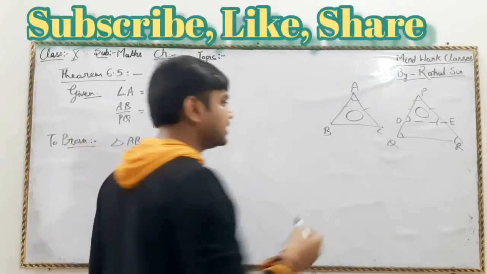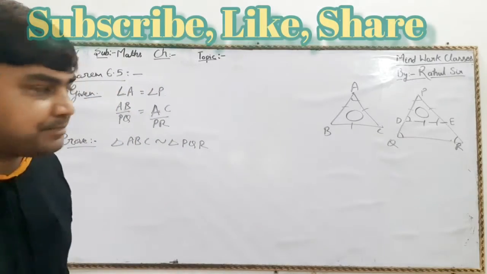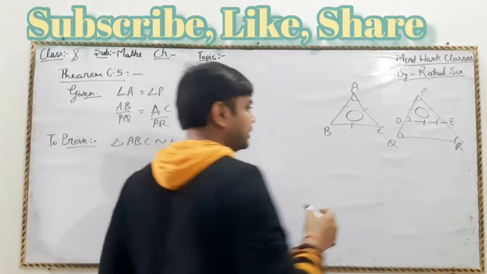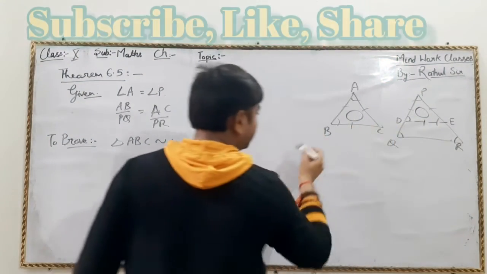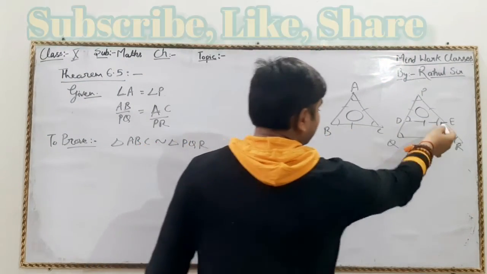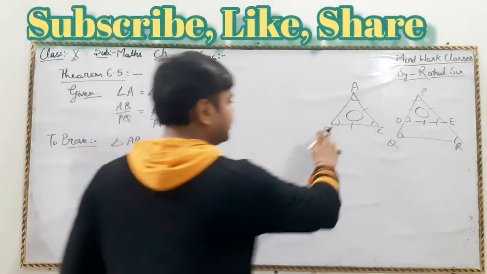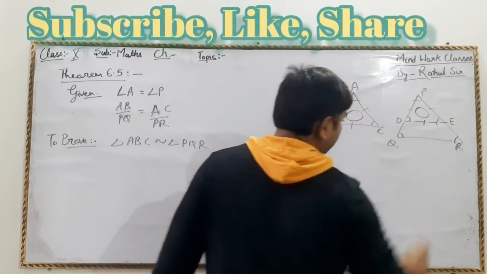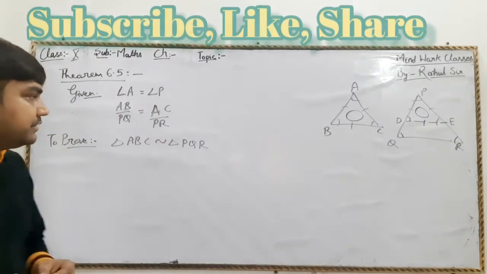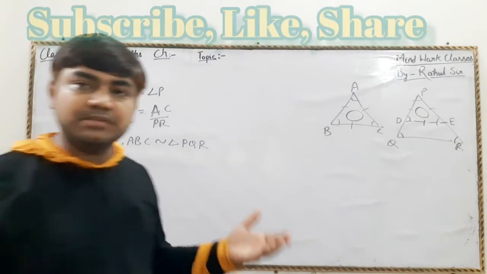If these two triangles are congruent, then this line and this DE line are equal. Hence angle B, angle D and angle Q are equal, angle C, angle E and angle R are equal, and from here we can prove that triangle ABC and triangle PQR are similar triangles.